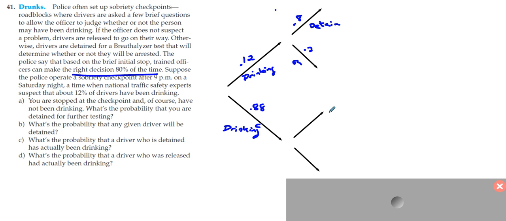And 80% of the time, if they haven't been drinking, they will release. And 20% of the time, they'll get it wrong and detain people that haven't been drinking.